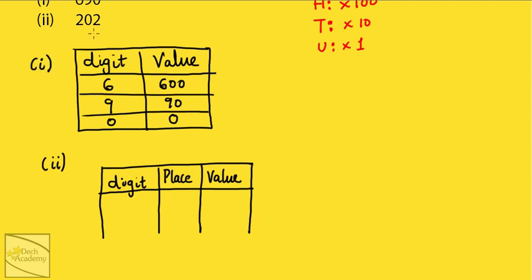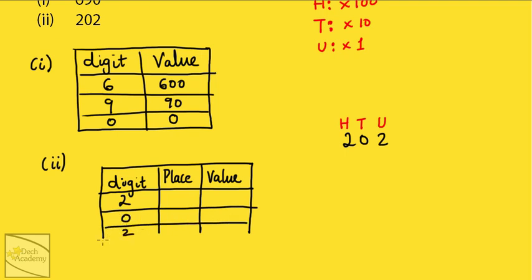So in our number 202, which I'll show here, the first 2, or the 2 on the extreme right, is in the units place. The 0 is in the tens place. The next 2 is in the hundreds place. So if I list the digits, 2, 0, and 2, I'm saying that this 2 is the 2 in the hundreds place, 0 is in the tens place, and this 2 is in the units place.